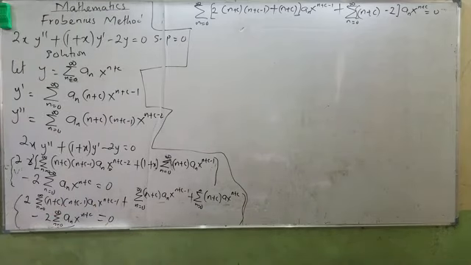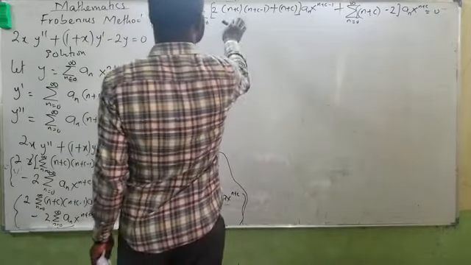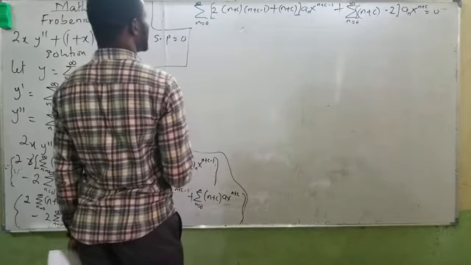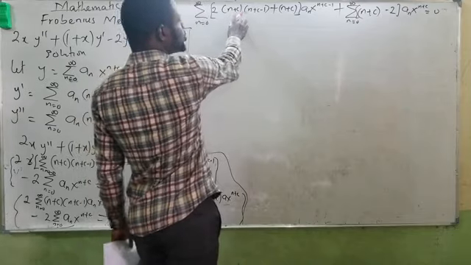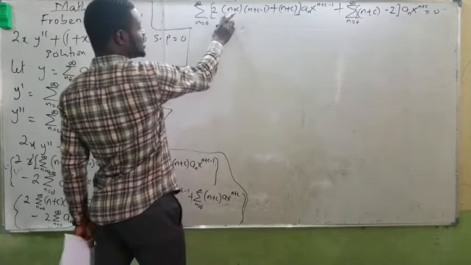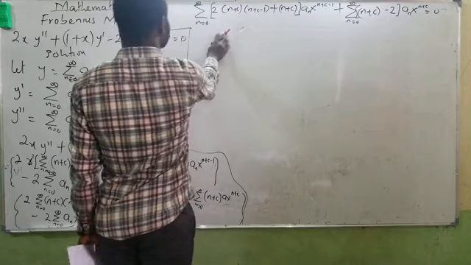Now, since I have that, I can now say, with what I've done, let me try to shift this. Let's see what will happen. Let me just say that my n will be equal to 0 on the first sum. My n equals to what? 0 on the first sum.